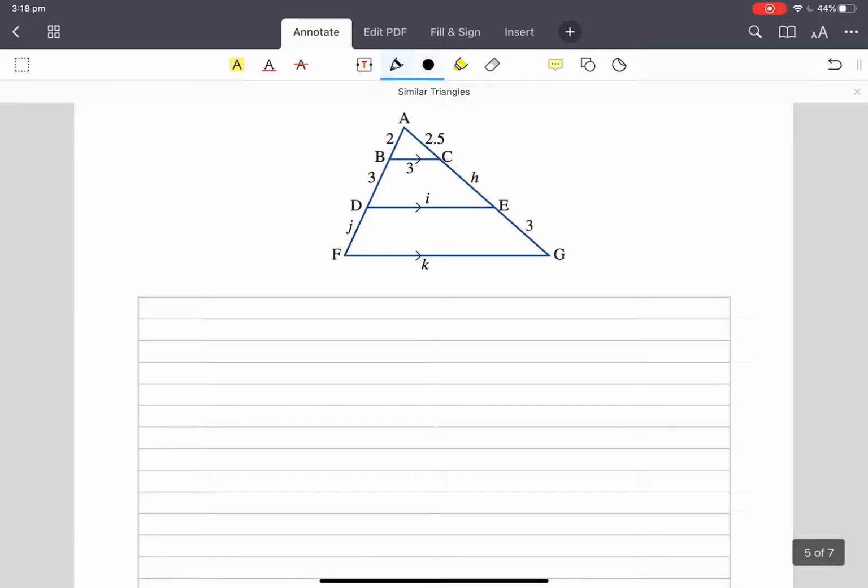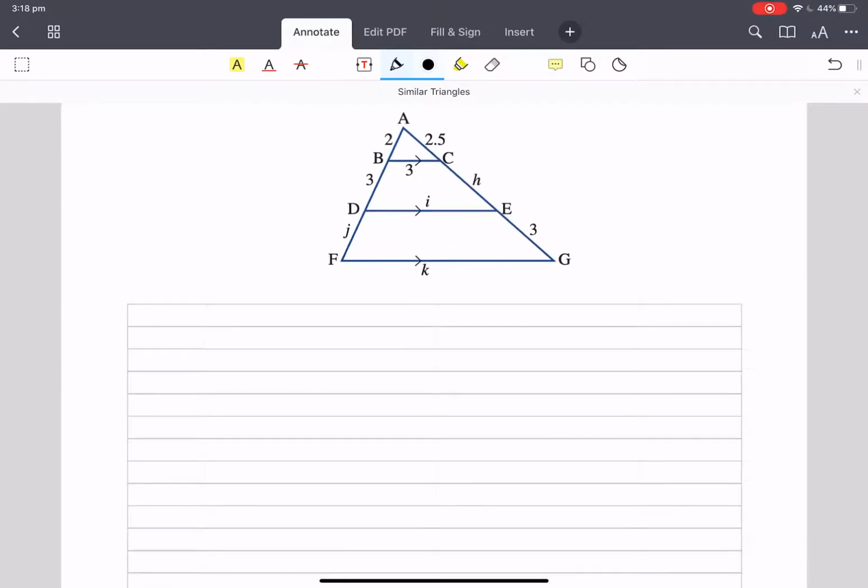What do we do first? Let's find I. So can you see I've got a big side and a small side.